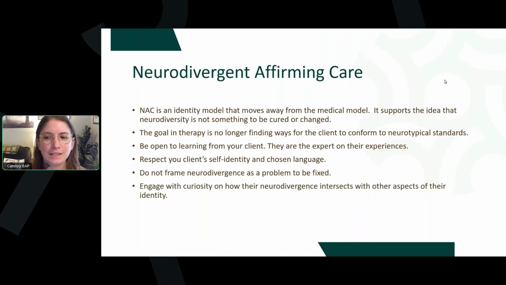So that is the overview of what we talk about with neurodivergent affirming care. So hopefully for folks who had answered that unsure, this can help get a framework for what that looks like in terms of working with individuals in a clinical setting.